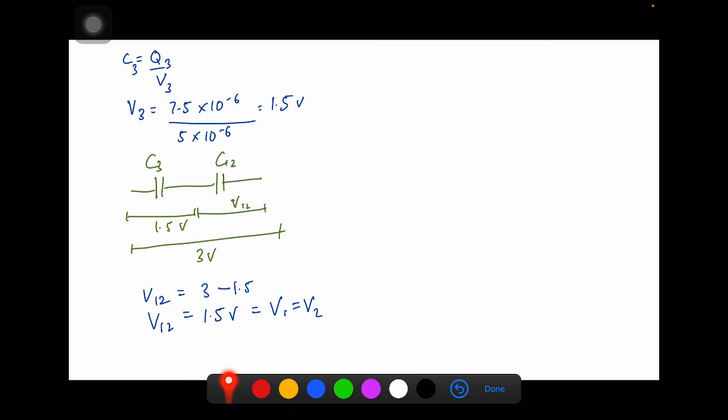For example, the power supply is 3 volt minus 1.5, you will get the potential difference for this part. In this case, you get 1.5 as well. It happens to be equal, it doesn't have to be the same. If this one is 1, then here is 2.